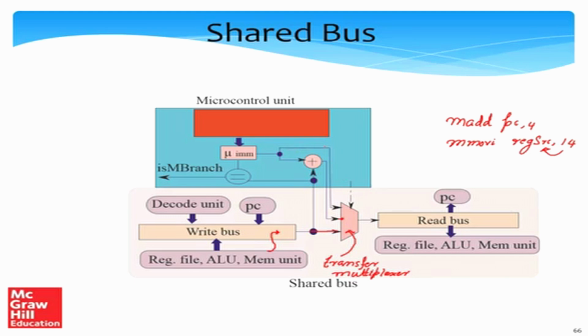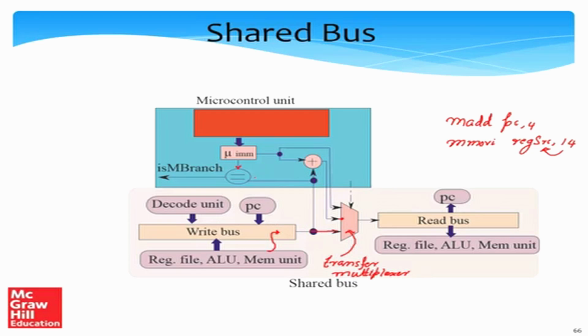That's the reason it is also one of the inputs to the transfer multiplexer, which is controlled by a set of control signals, which we shall discuss later. In addition, for finding out whether, for the branch instruction mbeq, there is an equality or not between the immediate and, let's say, the value in a register, we also have an equality circuit here, which compares the value of the immediate and also the value of one of the registers.